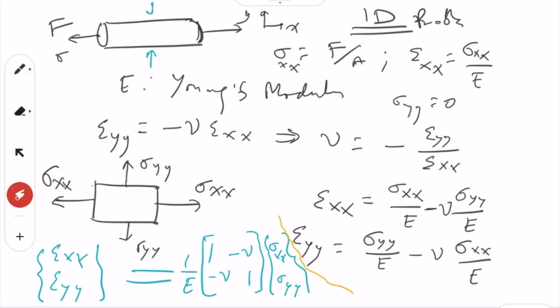So this whole system of equations we can write like this, and that we can use.